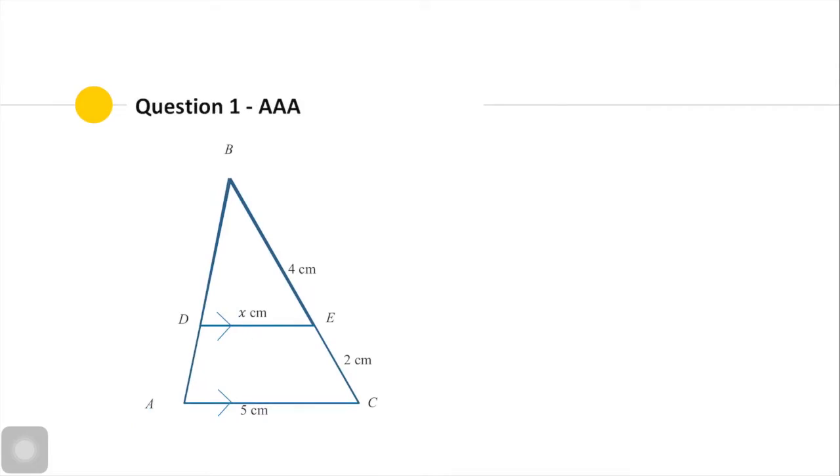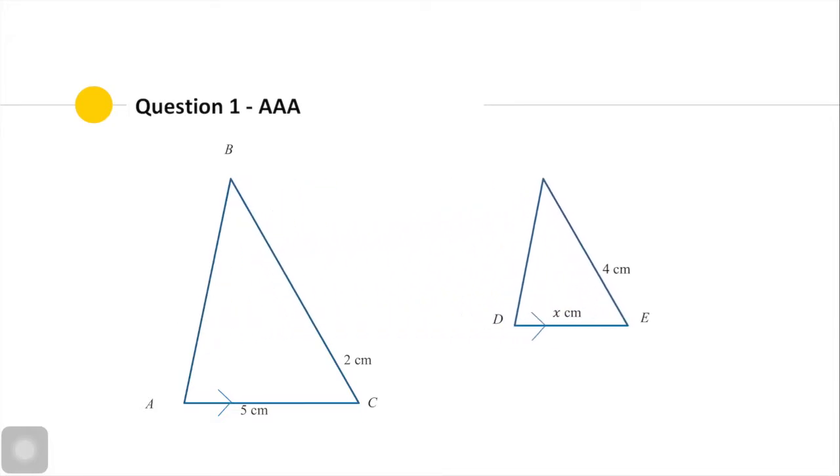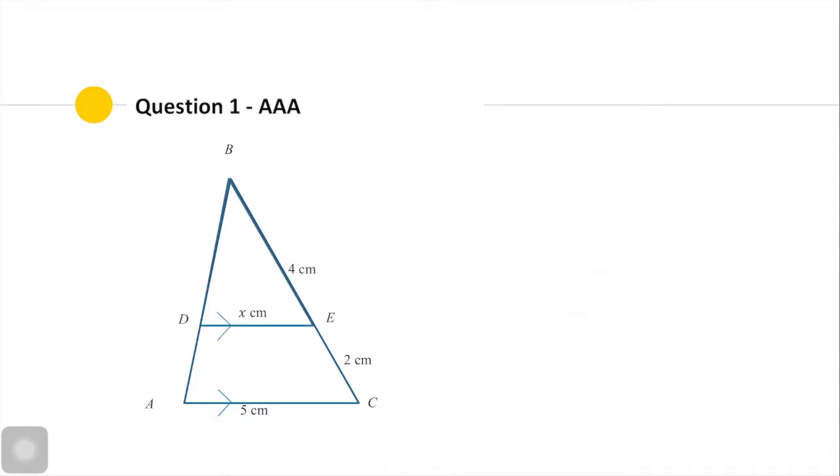So here's another question. These are some of the different ways questions like to present similar triangles. In this case, these two triangles overlap. So if you split them up, it's actually similar to the previous question now. But they like to make it overlap to make it look slightly more difficult.